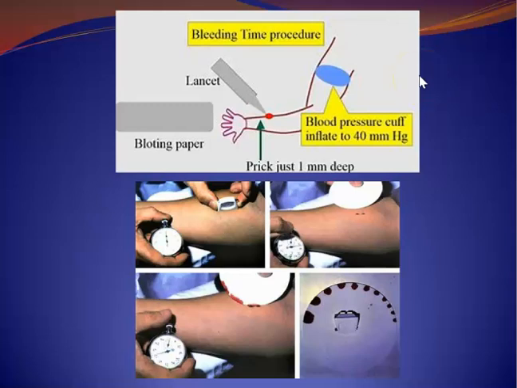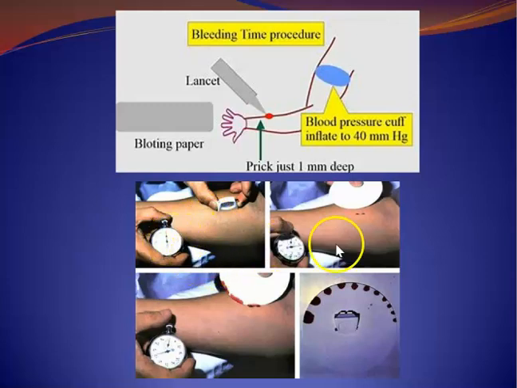So let's look here at how they're performing the bleeding time test. Again, the blood pressure cuff is put on the patient's arm and pumped up to 40 millimeters of mercury. They take a lancet and prick the forearm of the patient, and they have their blotting paper ready. As soon as the lancet pricks the arm, you start your timer.